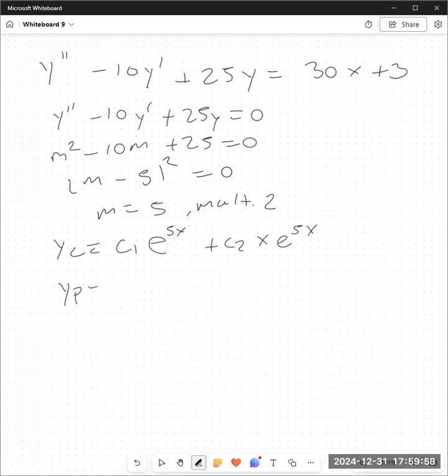So I think my yp is just a linear equation that I'm going to call Ax plus B. That means yp prime is going to be A, and yp double prime is going to be 0.